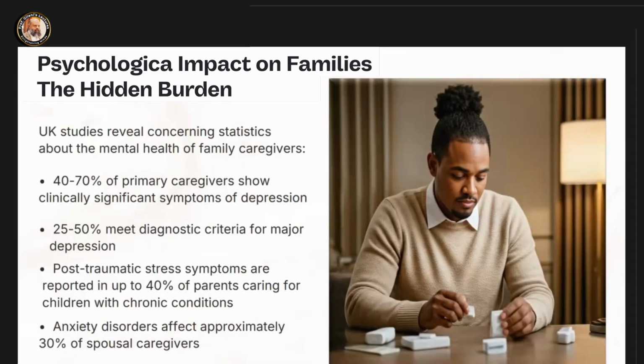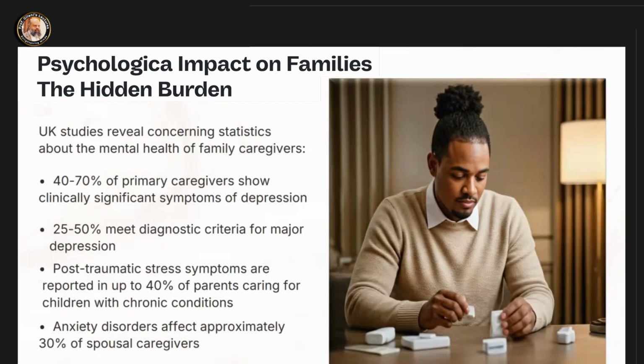Then comes the psychological impact on families, which is a hidden burden on the families involved.